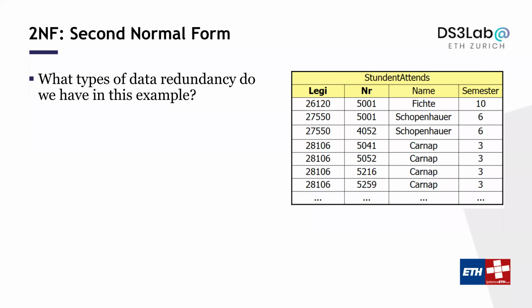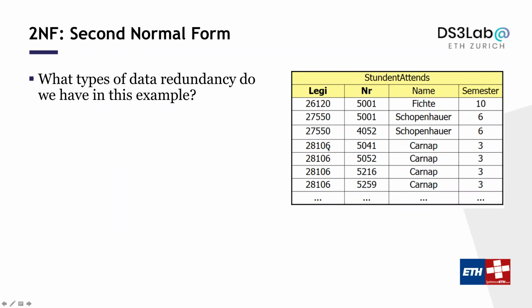So what's the problem with this design? There is redundancy of information. Let's take one student, for example, student 28106, who took 4 lectures, as you can see here.